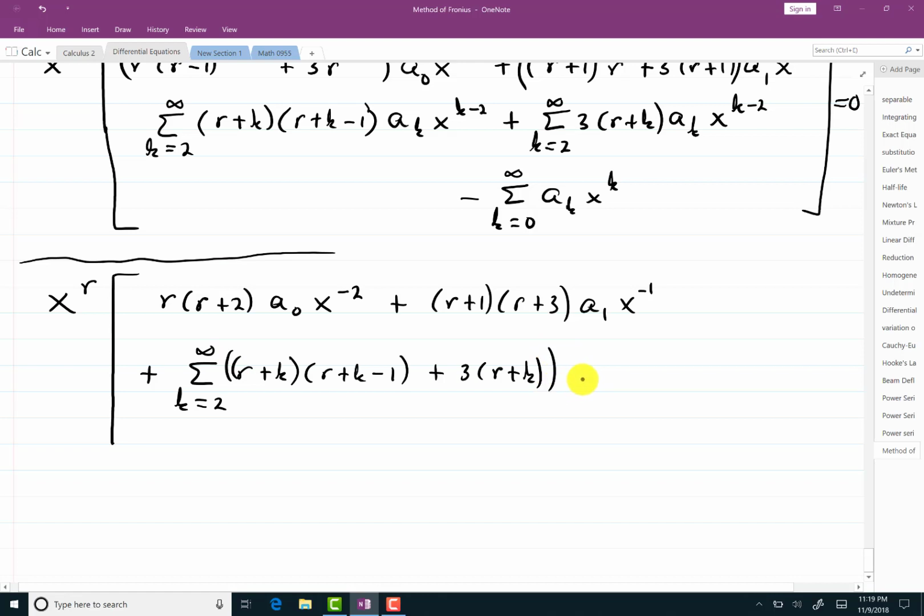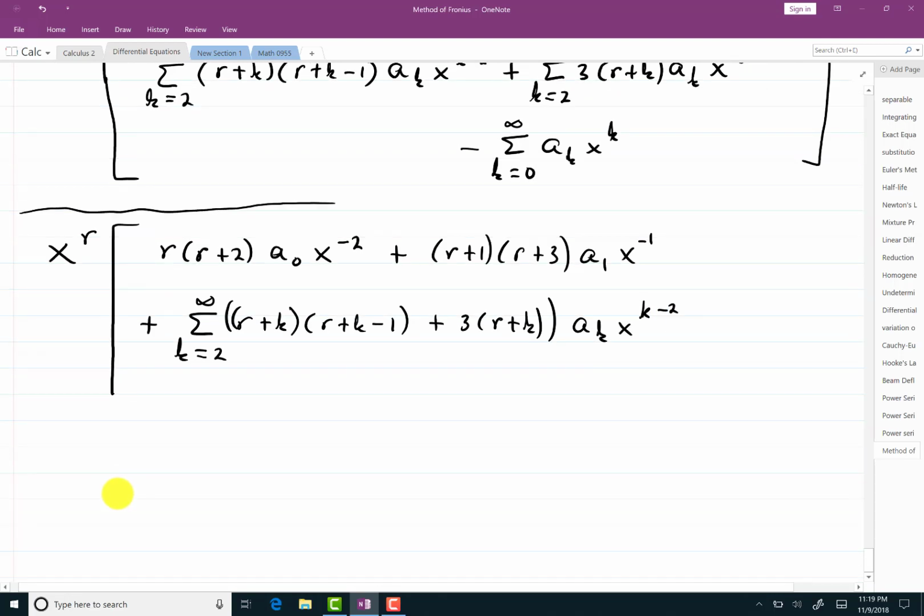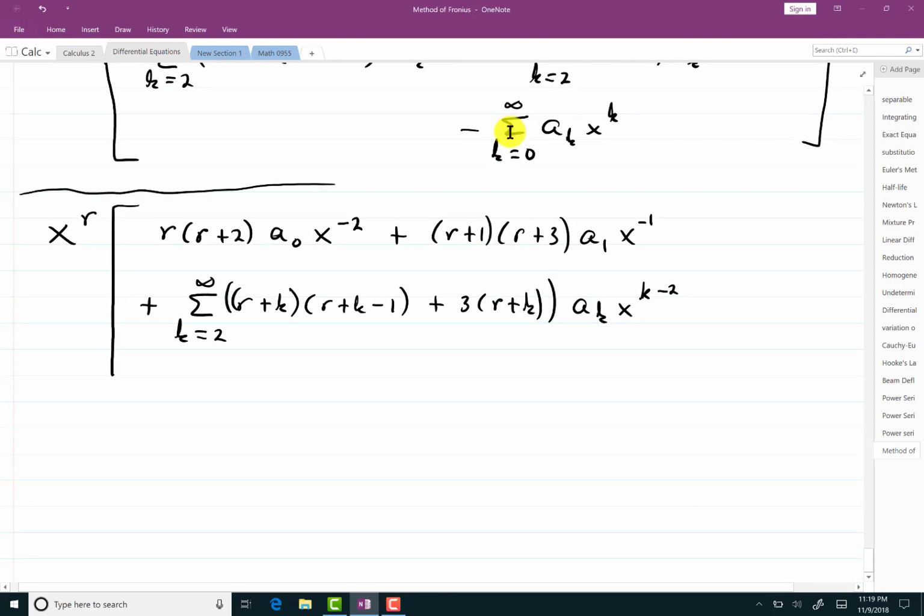That's attached to a sub k x to the k minus 2. And then this series right here, I'll re-index it to start at 2. So minus the sum k equals 2 to infinity, a sub k minus 2, x to the k minus 2.